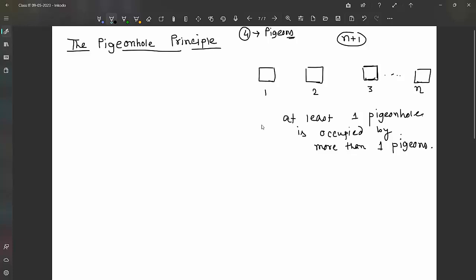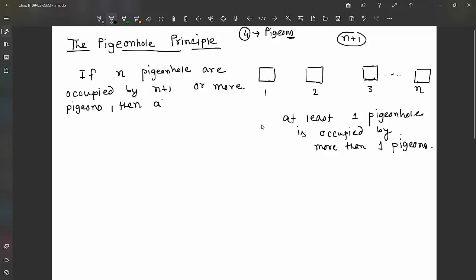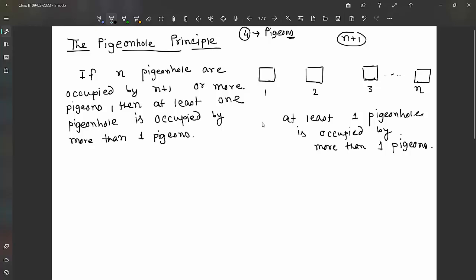So the principle says that if n pigeonholes are occupied by n plus 1 or more pigeons, then at least one pigeonhole is occupied by more than one pigeon. So at least one pigeonhole is occupied by more than one pigeon.